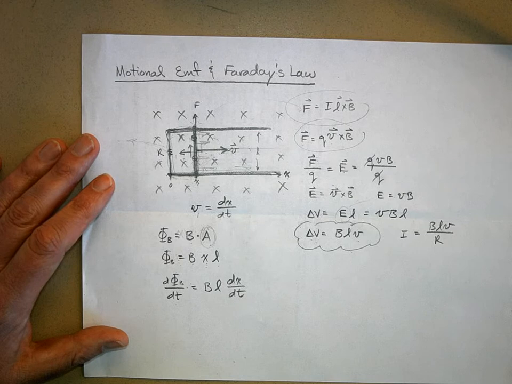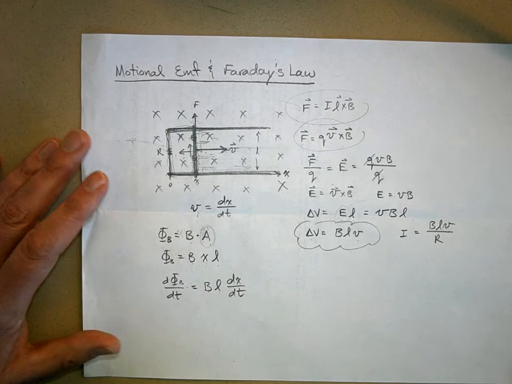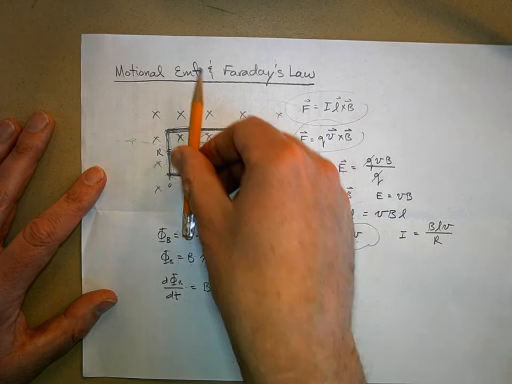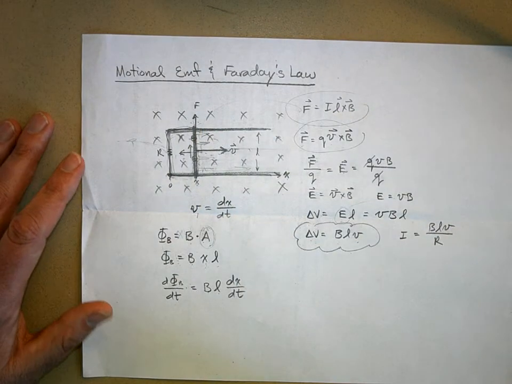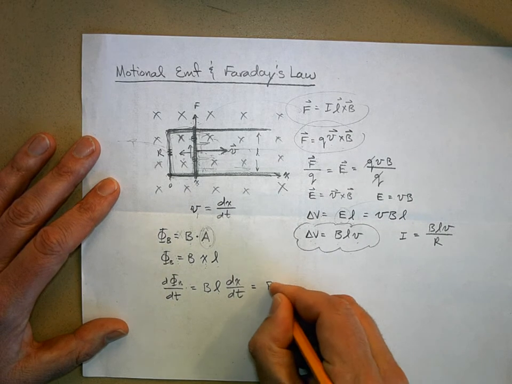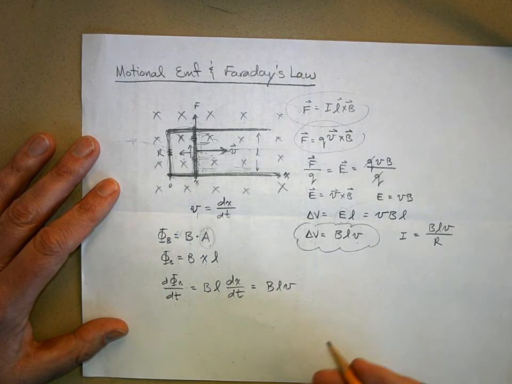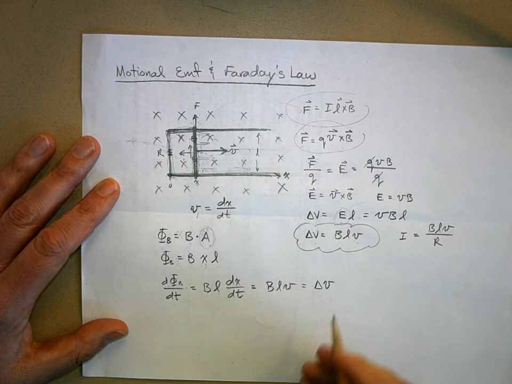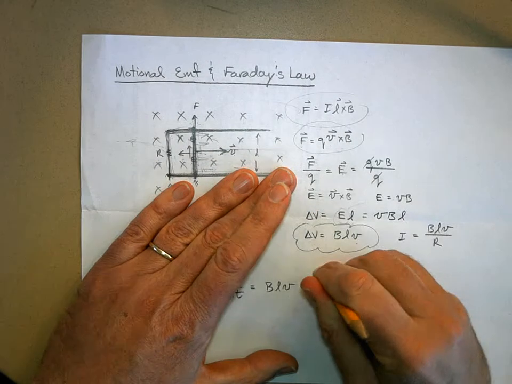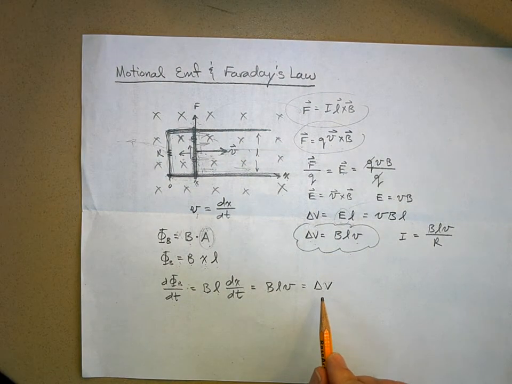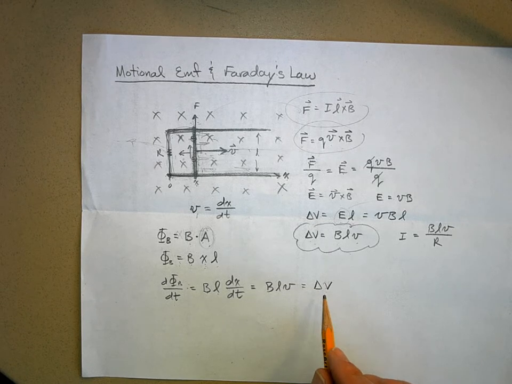Well, what is B times L times dx/dt? What is dx/dt? It's the velocity that I'm pulling this thing to the right. And so this is BLv. But what is that? That's the change in voltage, delta V, sorry. So this is the voltage I got up here.